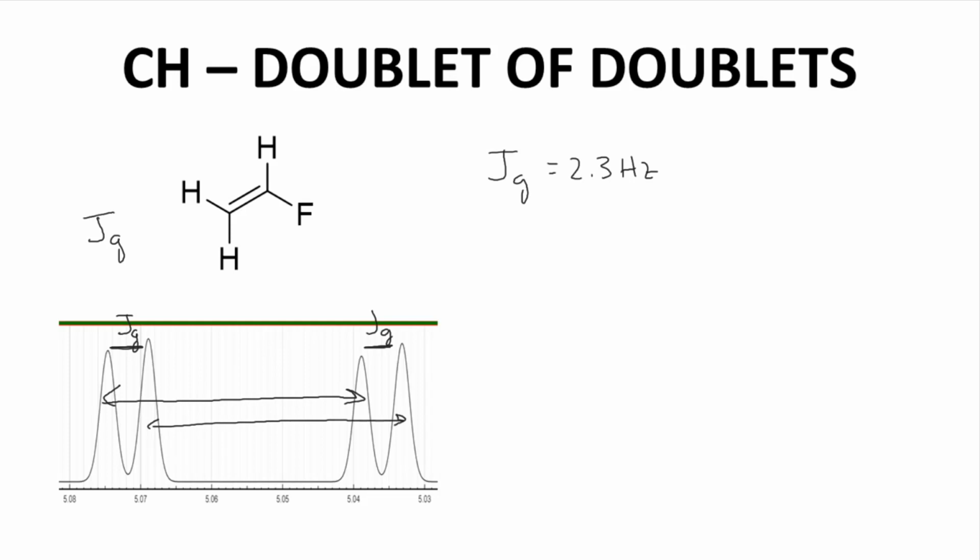If we go through the math, the J value is 14.3 hertz. 14.3 sounds familiar. That was J trans on the previous slide. So the proton we are looking at, this signal, must be trans to the other hydrogen. So we are looking at this hydrogen right here.